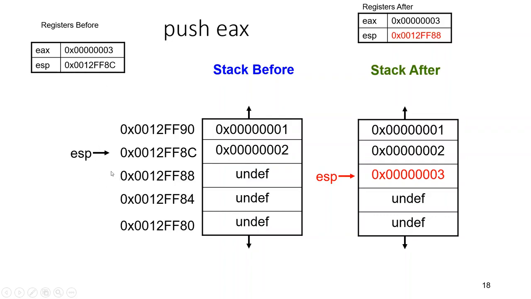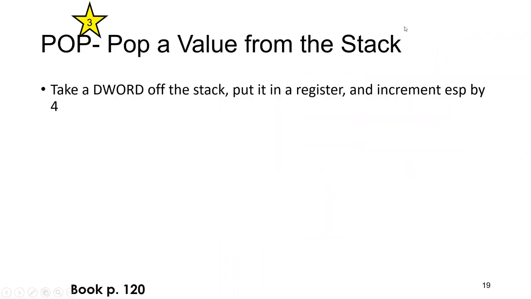So ESP is decremented by 4 and then the value 3 is pushed onto the stack. Now ESP points to this address and has the 03 value here. As you can see the stack after, ESP is changed to this address. EAX is as usual because we did not modify EAX, we just pushed it onto the stack.